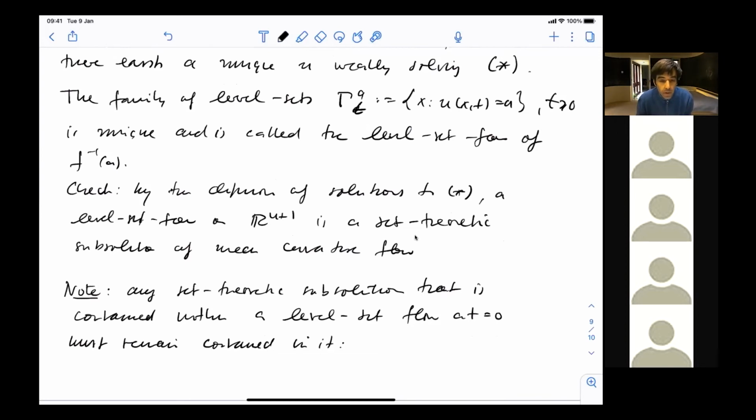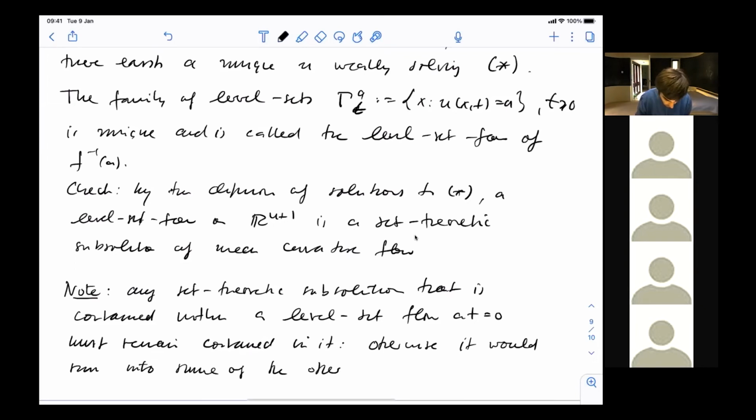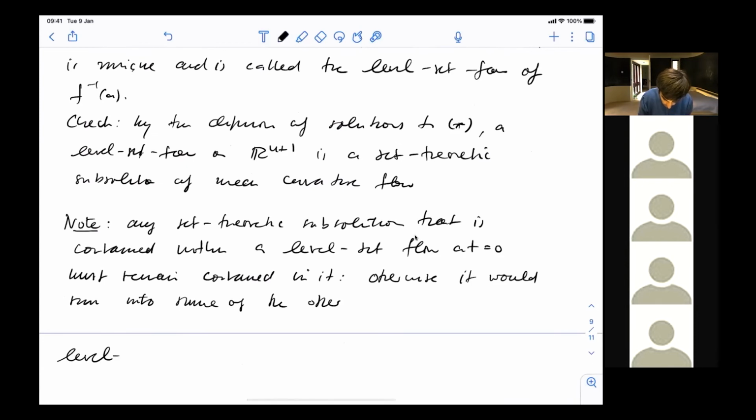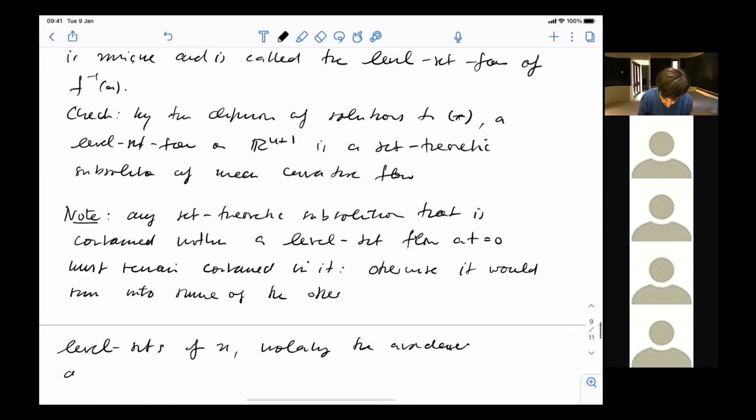Otherwise, assume it's not contained, so it has to sort of leave that, but then it would run into one of the other levels of the level set flow. But these are all weak subsolutions, and we know they avoid each other, so you get a contradiction. Otherwise, it would run into some of the other level sets of u, violating the avoidance of set theoretic subsolutions.